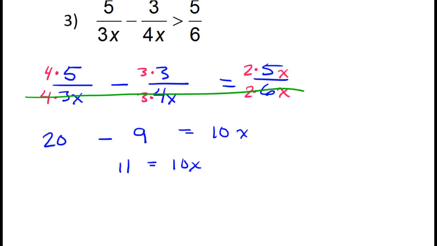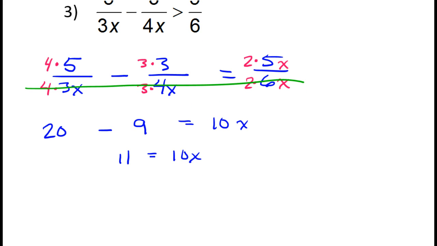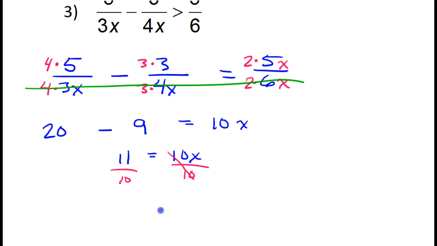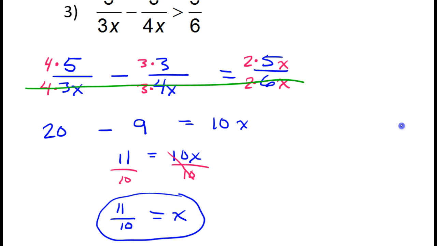And to get x by itself, I will divide both sides by 10. So x is equal to 11 over 10. This is one of the things that is going to go on the number line.